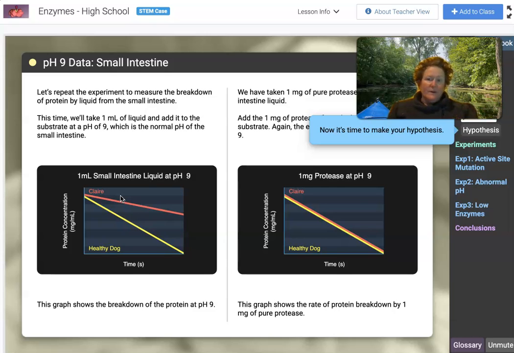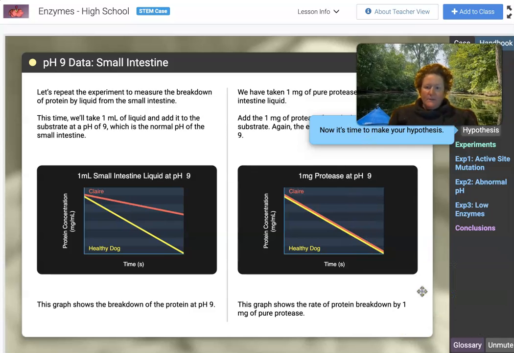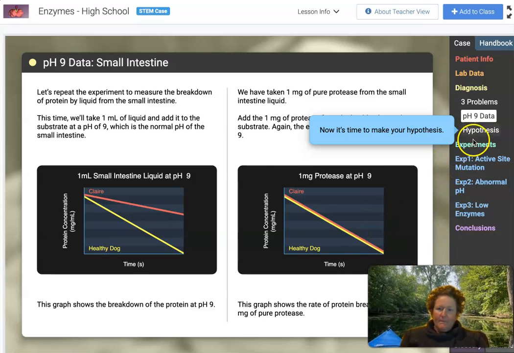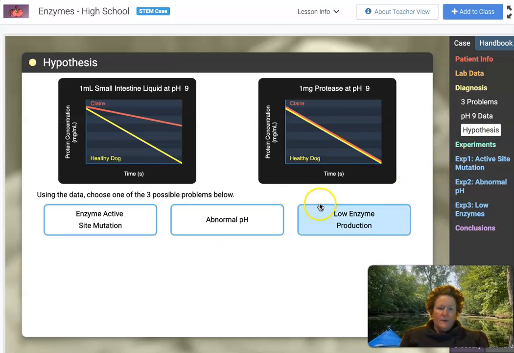It's not enough powder and it doesn't have a lot of flavor. So it's dilute, it doesn't have enough enzyme. These are both pure enzyme, and so that's working just fine. So that can lead to our hypothesis, which is what we're going to do right now.